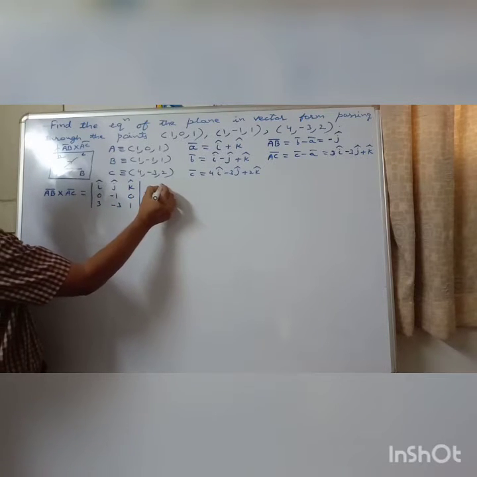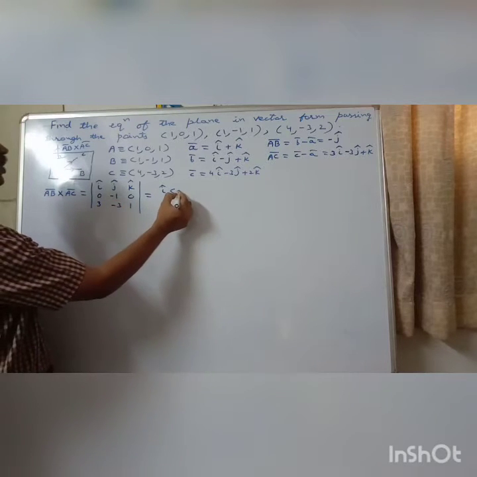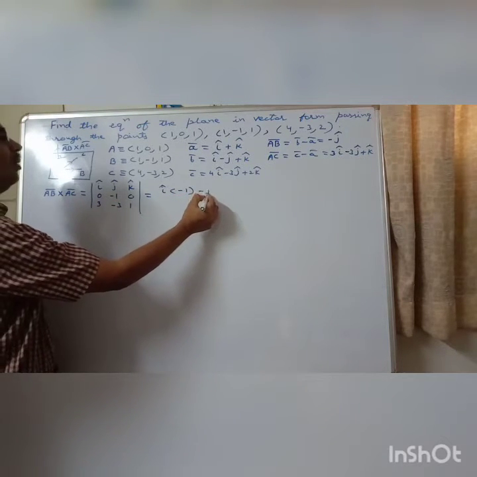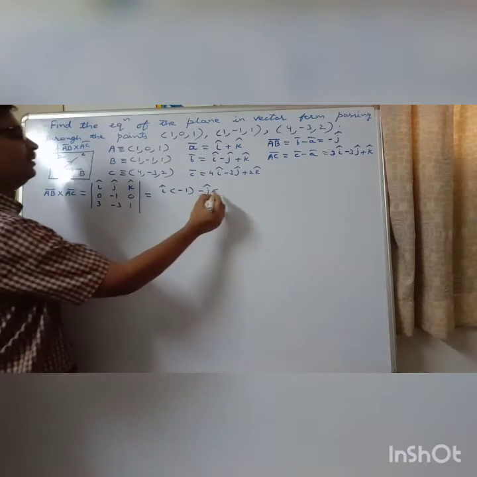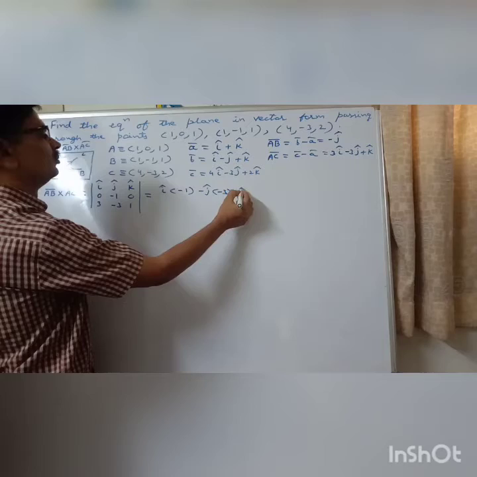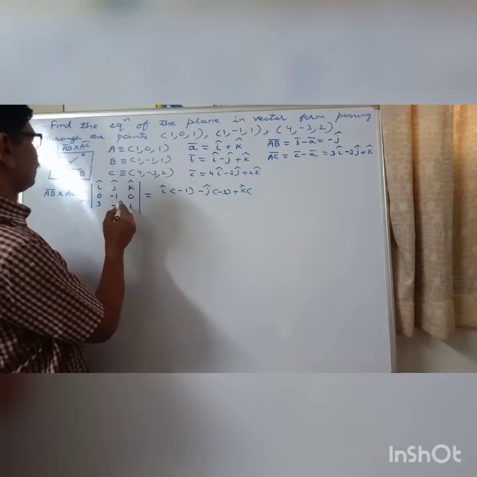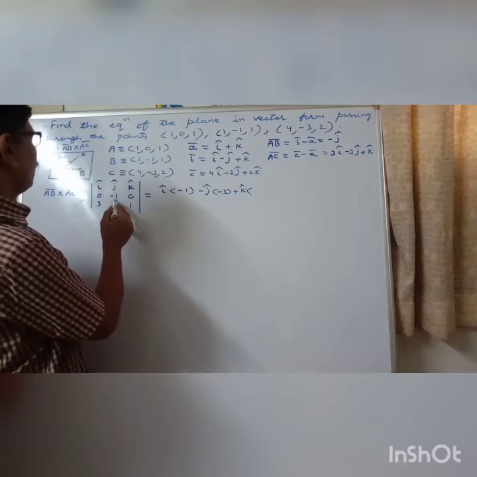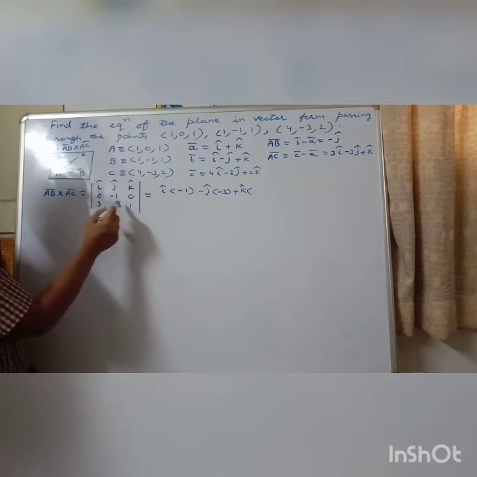Evaluate: i into (minus 1 minus 0), minus j into (0 minus 3), plus k into (0 minus minus 3, that is plus 3).